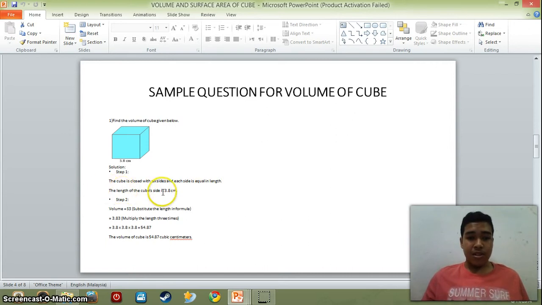The length of the cube is 3.8 centimeters. The second step is the volume is equal to S cubed. So we need to substitute the length in the formula. The length is 3.8 times 3.